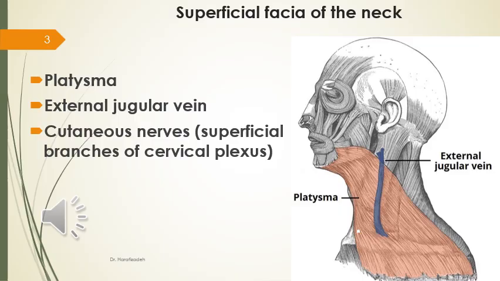So we can conclude that in the superficial fascia we have the external jugular vein, the cutaneous branches of the cervical plexus, which are cutaneous nerves, and in addition the platysma muscle.